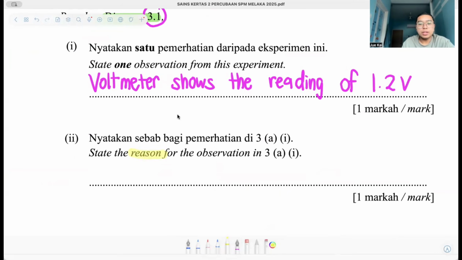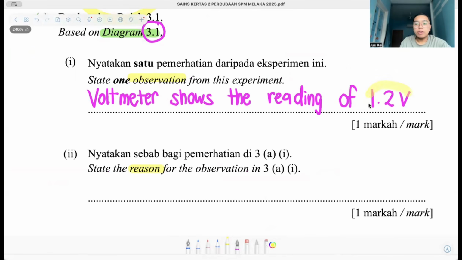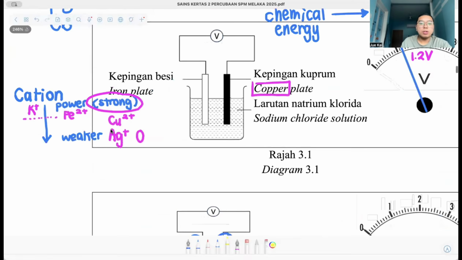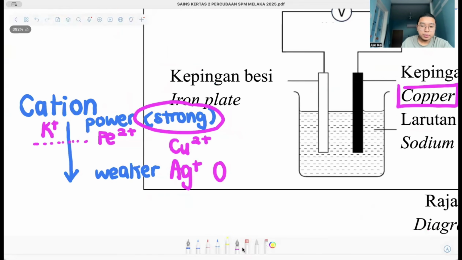Okay, a bit difficult. It's okay lah. So, question wants you to state the reason. Why do we have reading 1.2? Besides telling you about the strong or weak concept, do you know what is the purpose of doing this?